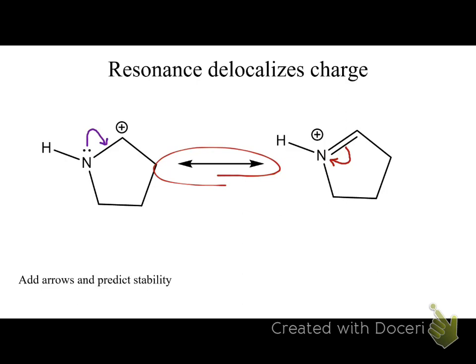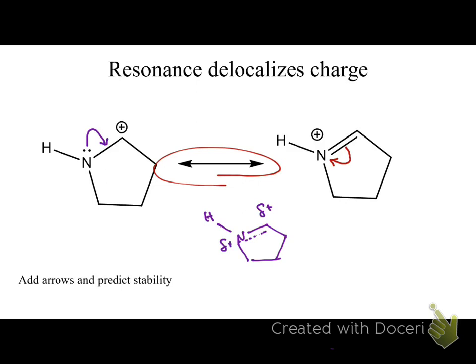So in essence, if I were to look at the average structure for these, what I would find is that it looks something like this. And there's a dashed line here, and there's my hydrogen that's here. I'll have a partial positive charge here, and a partial positive charge here.